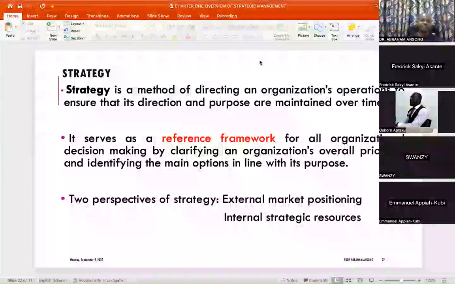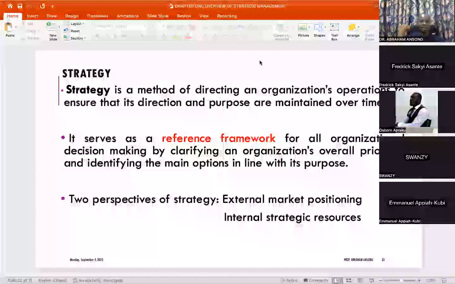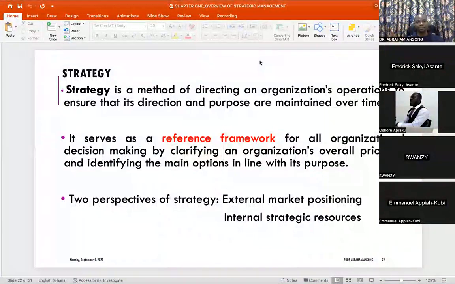Then the second dimension is that you really want to exploit your internal strategic resources in order to maintain that market positioning, or develop that market position that you want from the external environment. All right. So once again, it comes from an appreciation of the external environment and an appreciation of your internal environment.